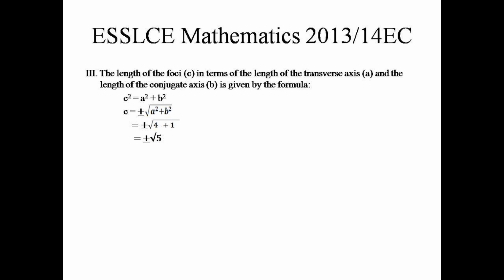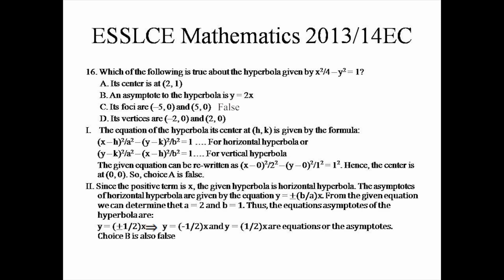So c is equal to ±√5, meaning the foci are located √5 units to the left and √5 units to the right of the center (0, 0). So the ordered pair of the two foci are (-√5, 0) and (√5, 0). So choice C is also false.